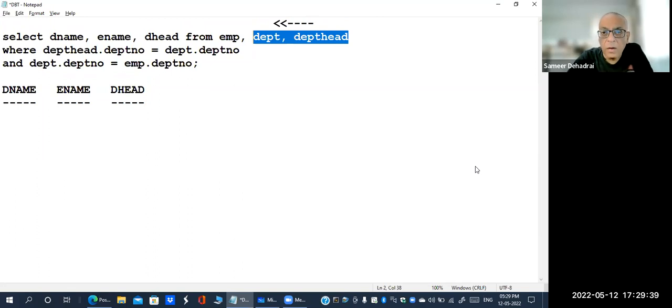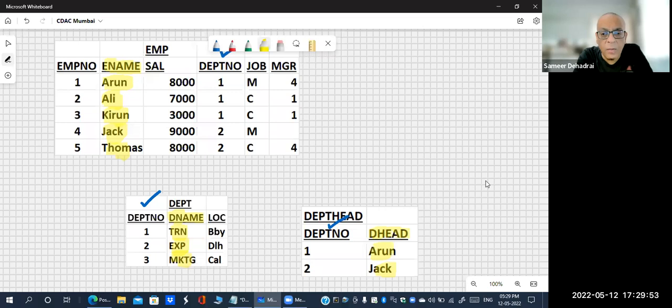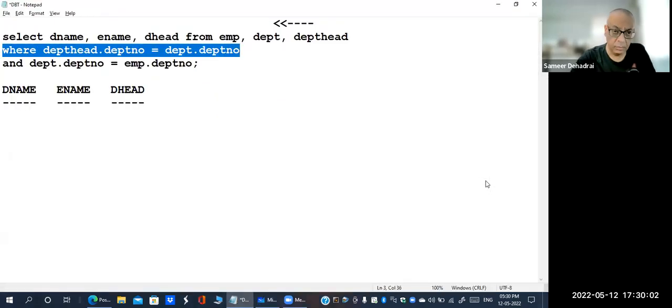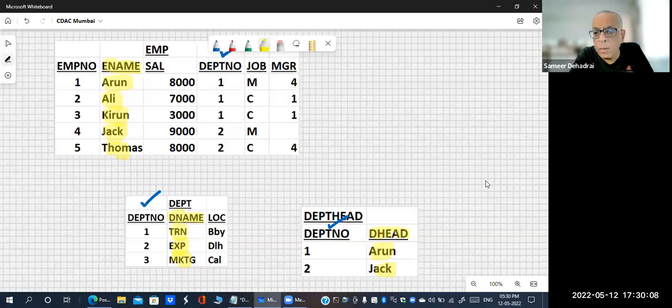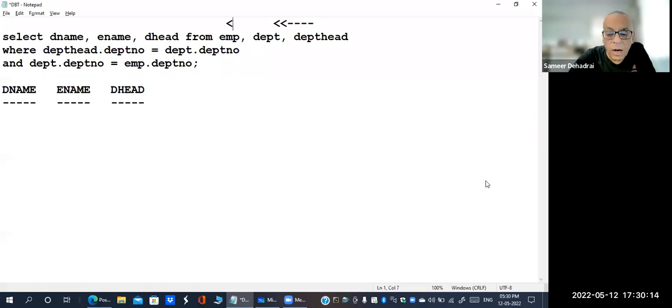So what happens here? First, it will join department head with department. Listen carefully, Himanshu. You had asked yesterday. When department head is joined with department, department head is my driving table, department is my driven table. And this is my condition for it: department head dot department number equal to department dot department number, and later it's going to join EMP with department.